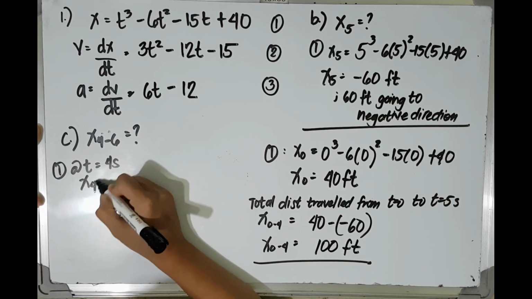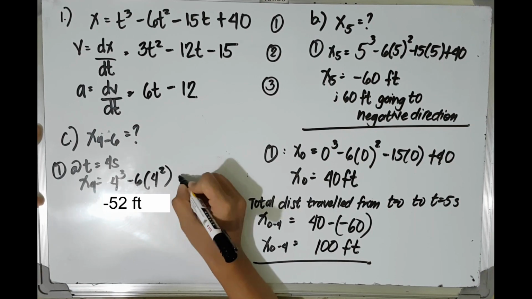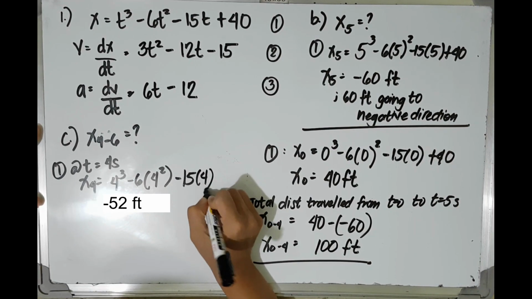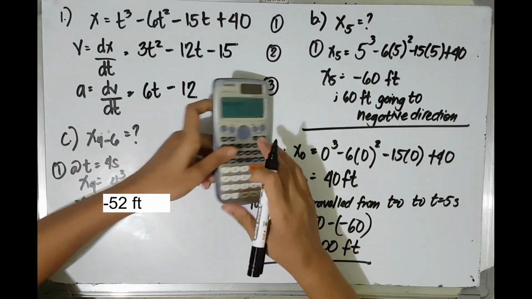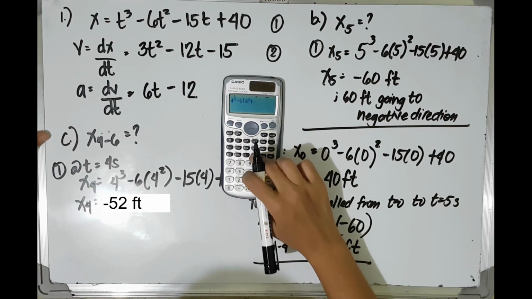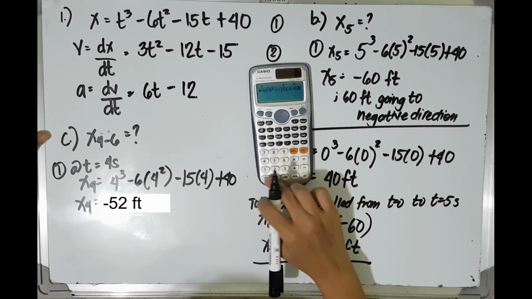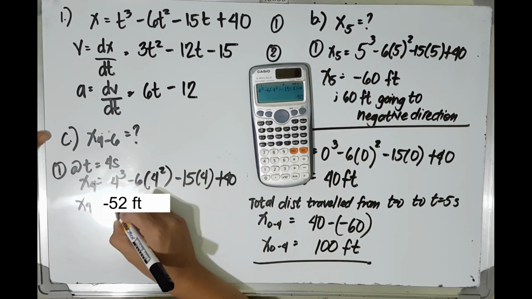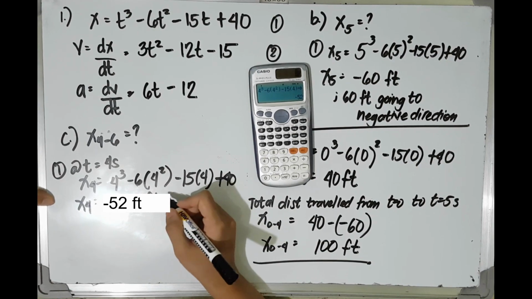So 4 cubed minus 6 times 4 squared minus 15 times 4 plus 40. So the position of the particle at the 4th second would be equal to negative 52 feet, or 52 feet to the negative direction.